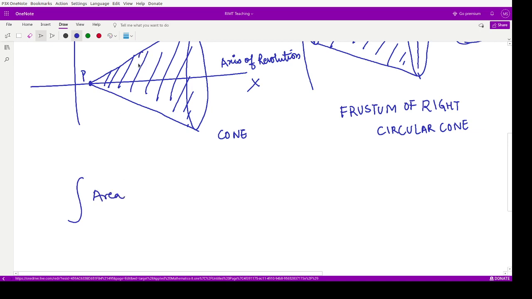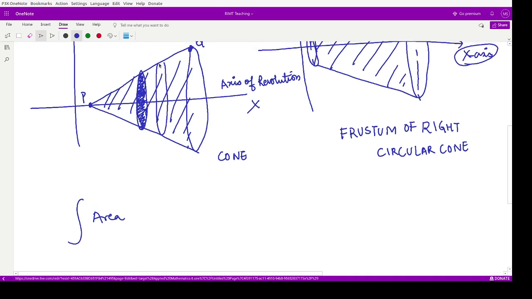So if you take one slice of this particular curve, if you cut this cone, this is one disk, another disk would be somewhere here, another disk would be like this one, some other disk would be like this one, and so on. When you add up all these individual disks, you will cover this whole volume. So that is the idea of finding the volume by integrating the areas of this particular region.